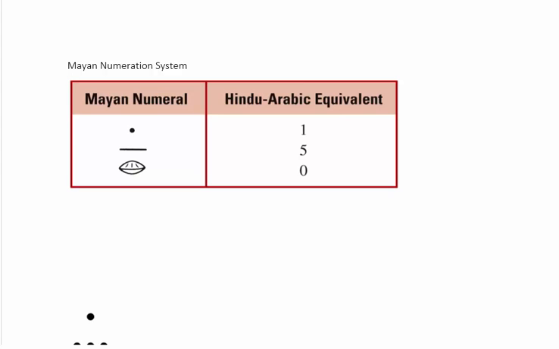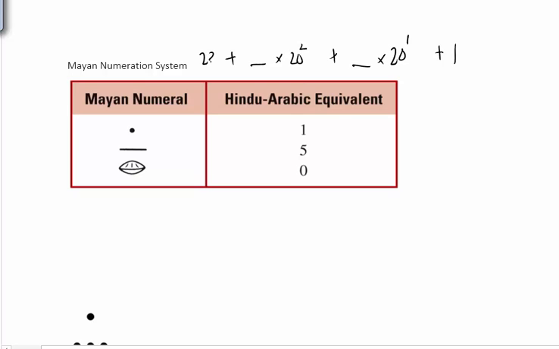So if what we normally consider to be base 20, we would say that the first position would be a 1, and then 20 to the first times something plus 20 to the second times something plus 20 cubed. But in the Mayan system, they instead did this.